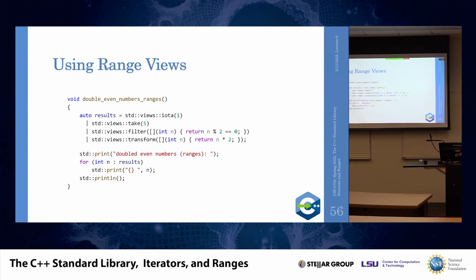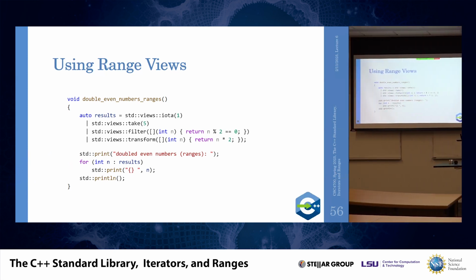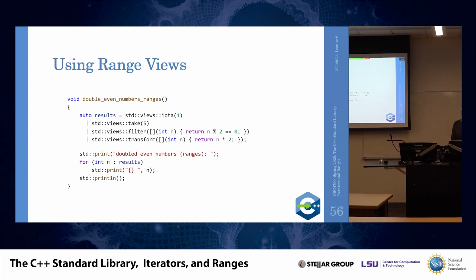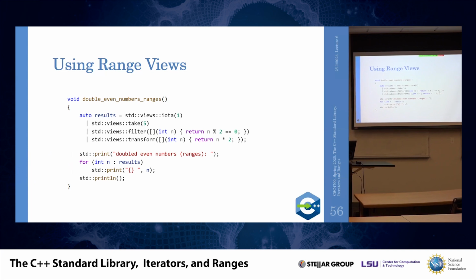And now we can just use our results and iterate over it in the way we always do and print the result. And only while things are being iterated, that thing is being evaluated for each of the values it should produce. So views are very powerful because they allow you to compose algorithms in a very nice way.